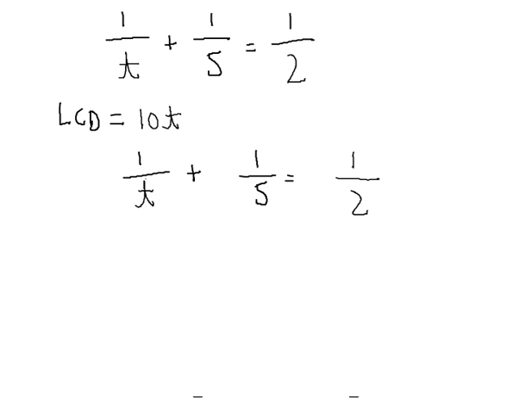To solve this equation, we of course want to eliminate the fractions. We can tell by inspection that the lowest common denominator of all fractions will be 10t. So we'll multiply each term in the equation by 10t.